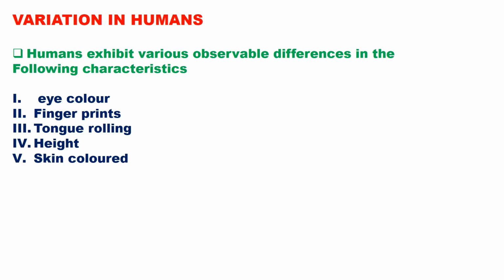So, humans exhibit various observable differences. And where can you see variation in humans? One, eye color. Others have blue eye color, others have brown eye color, others have black eye color.